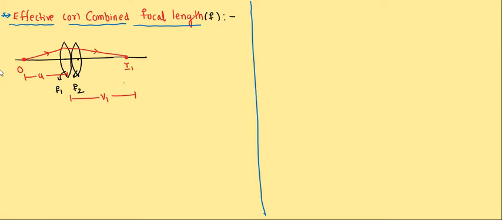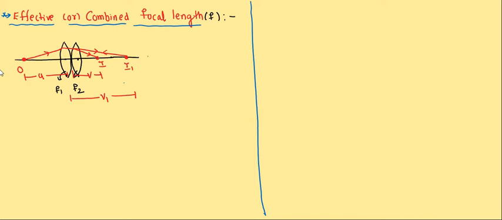I1, the image formed by the first lens, will act as the object for the second lens. Then the second lens forms the image of the object I1, which we consider as I. I is the final image formed by the two lenses, and this image distance we consider as V. Now this is the equivalent diagram.